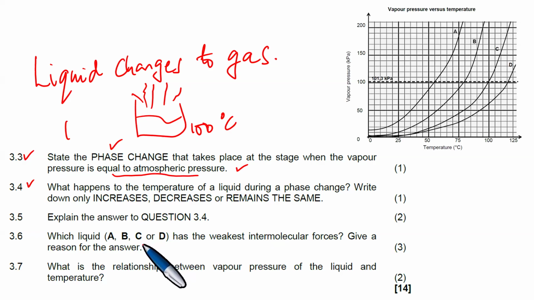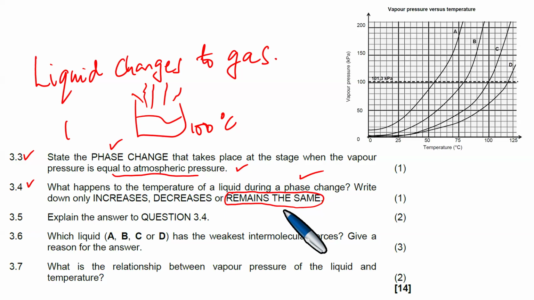The correct answer would have to be that the temperature remains the same. Because we're speaking about a phase change, at the minute that the water is changing from liquid to gas, the temperature is still the same because the water is changing inside the pot.